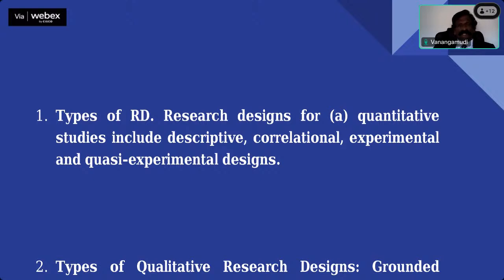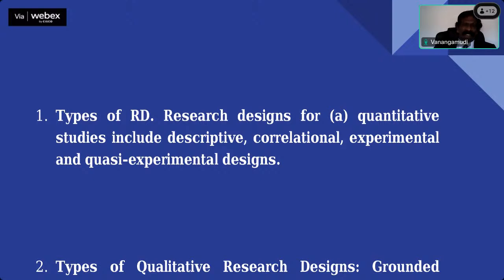Next, within the quantitative research design, is correlation. Correlation is a very important data analyzing technique. When two variables are there, one is an independent variable, another is a dependent variable. When one increases, if another increases, it is called positive correlation. For instance, when the age of a person increases, weight increases.